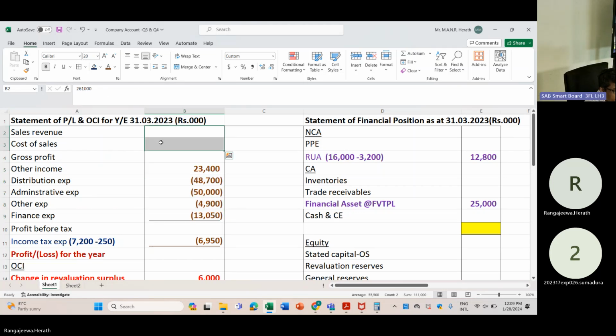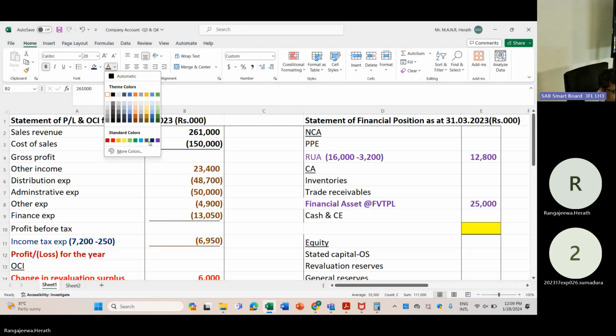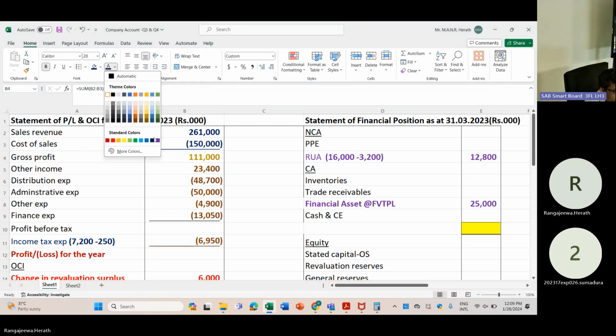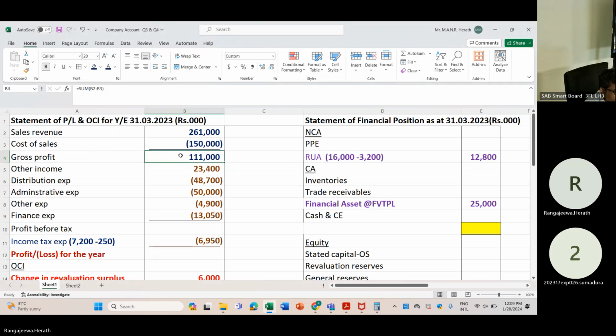Next, in the trial balance there are sales and cost of sales. You can just take them from the trial balance. We can calculate the gross profit. We can calculate the profit before tax.